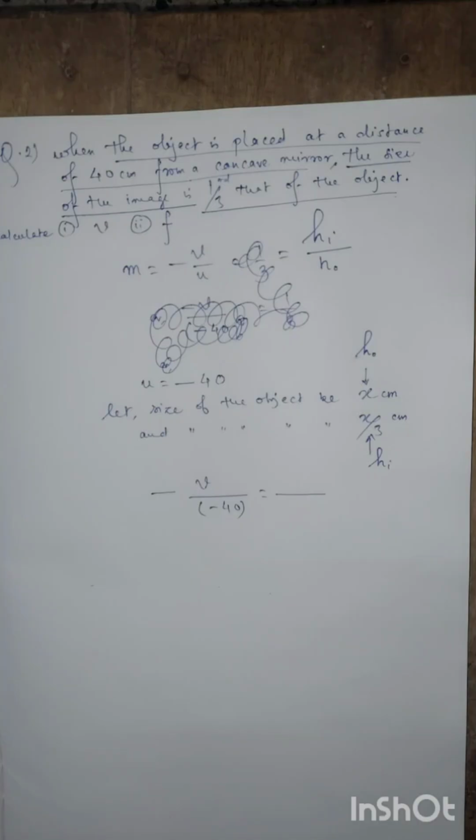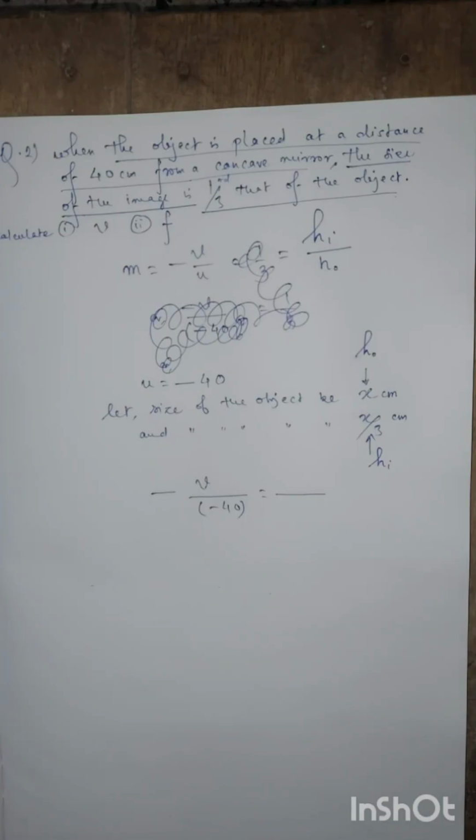When we measure a length below the principal axis, that length is taken negative, and when we measure a length above the principal axis, that length is taken positive.